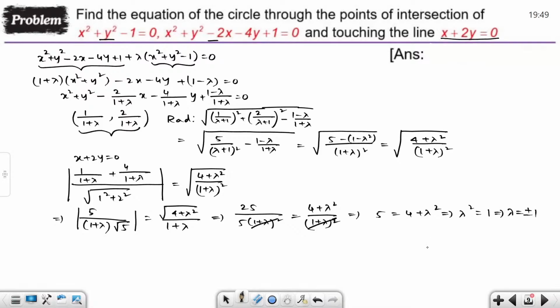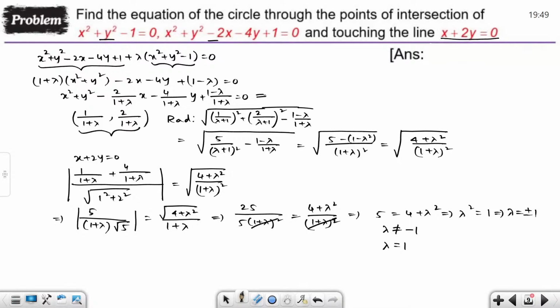Now we have to be a little careful at this point: lambda cannot take the value minus 1, because if lambda is minus 1, as I've explained, it will no more remain a circle, it will become a straight line. That straight line is what is called your radical axis. I've already told you. So lambda equals minus 1, I have to reject it. So we have to take lambda equals 1. Is it clear?